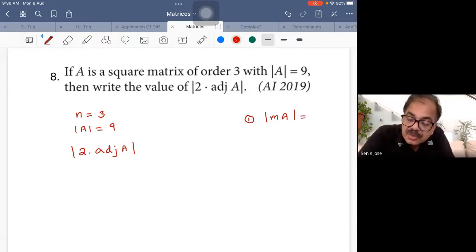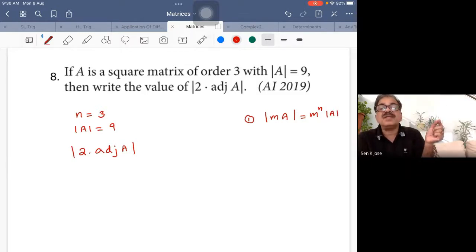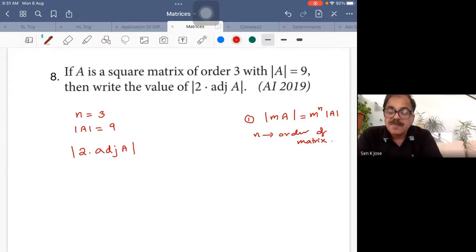So this is going to be m to the power of n into determinant A.